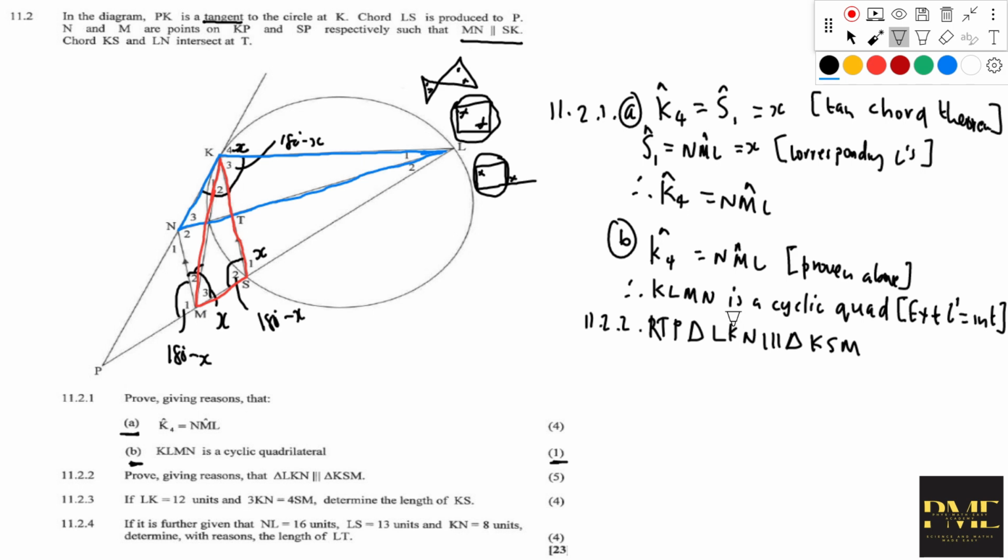Bese ukuthi angle K from this triangle uyalingana no angle S from the other triangle. Bese ukuthi angle N from this triangle uyalingana no angle M from the other triangle. So it's very important guys ukuthi ke ungawamixi, once I mix uzobona ukuthi ke then it means konke wrong vele already. Okay, all right, cool. So ake siqale ke siprove ke guys.